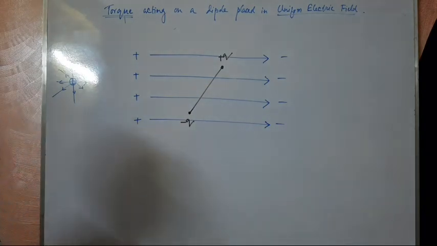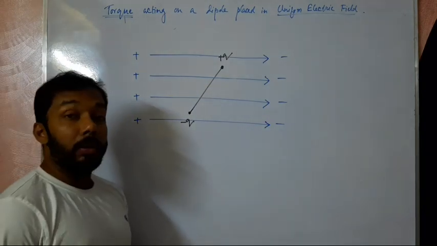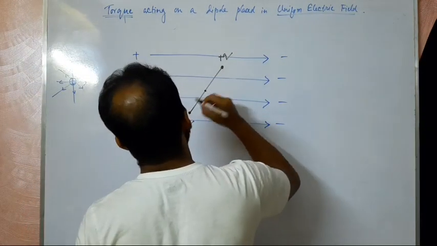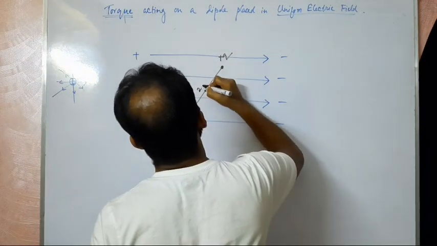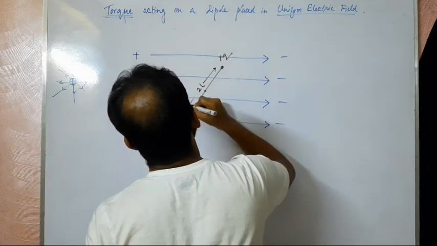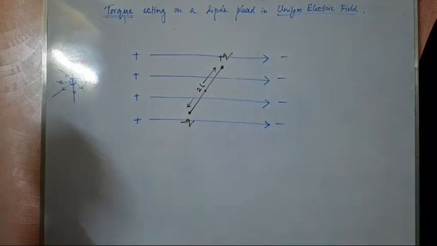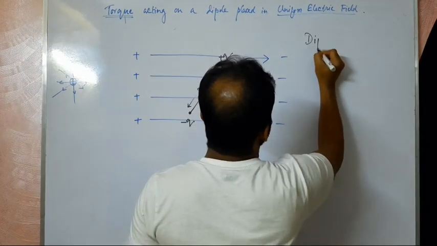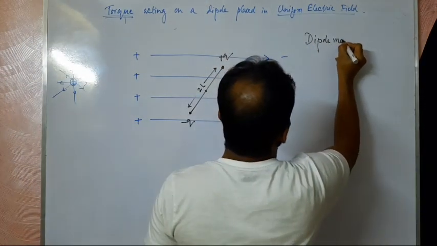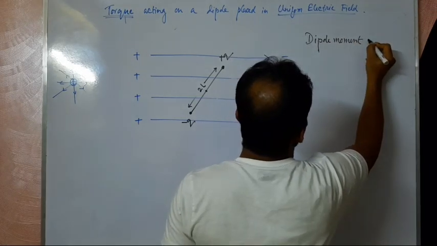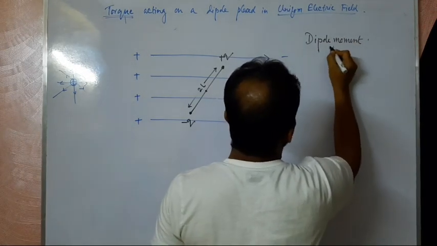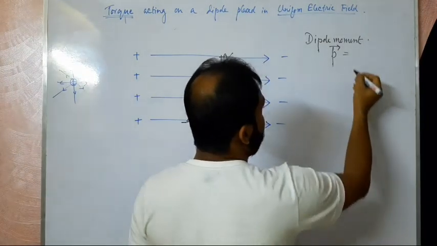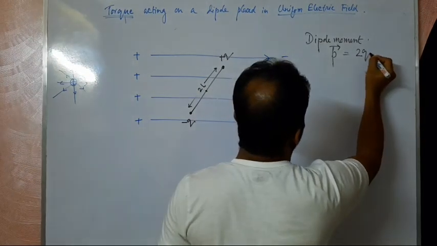Now if this is the dipole, we know already that the length of the dipole is taken to be 2L. And the dipole moment vector, which is represented by P, from definition its value is 2qL.